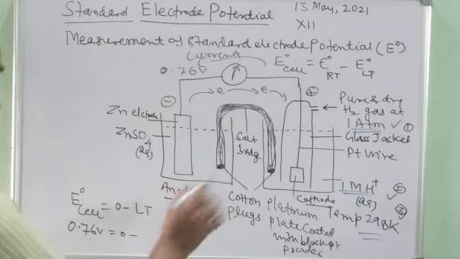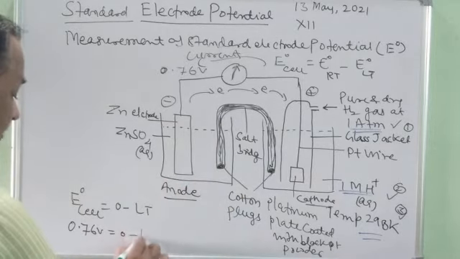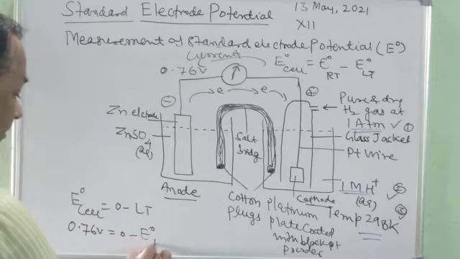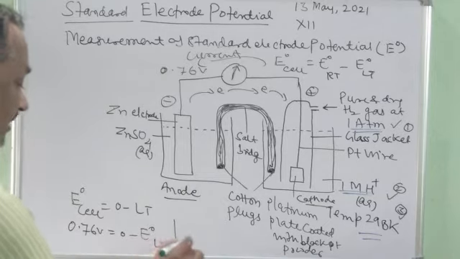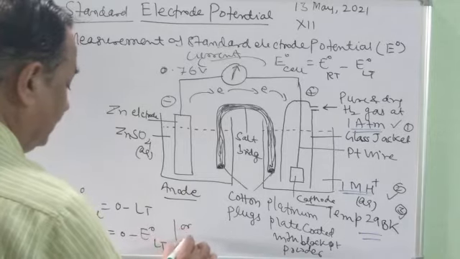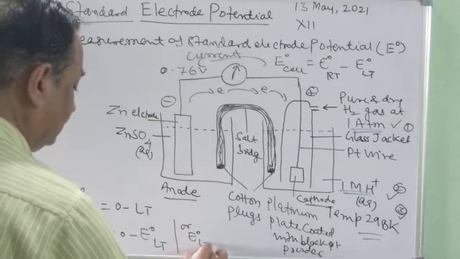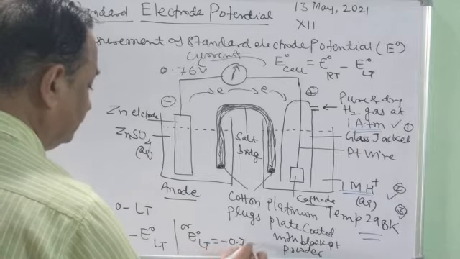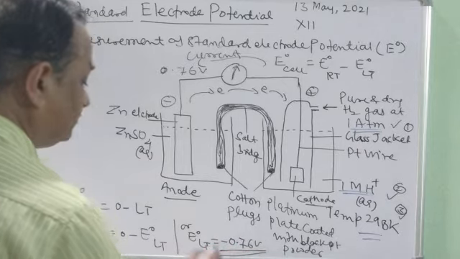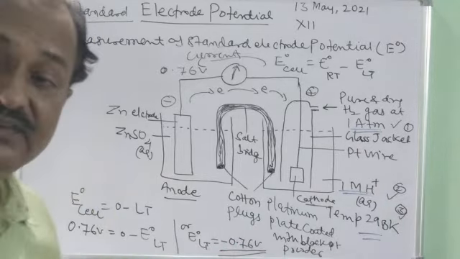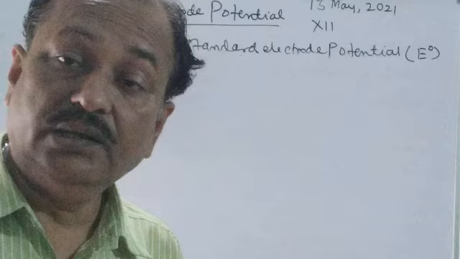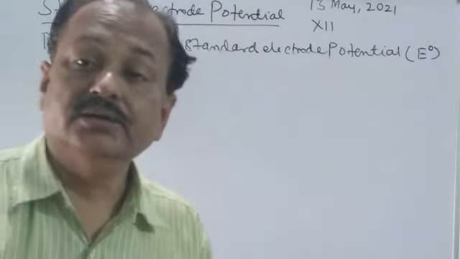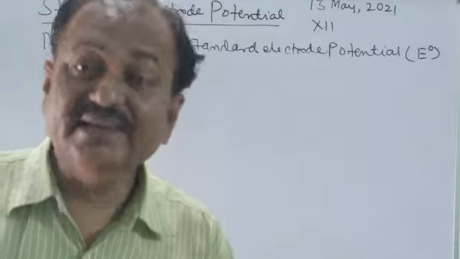So for the left electrode, E standard left is equal to minus 0.76 volt. It is minus 0.76 volt. So this is there.